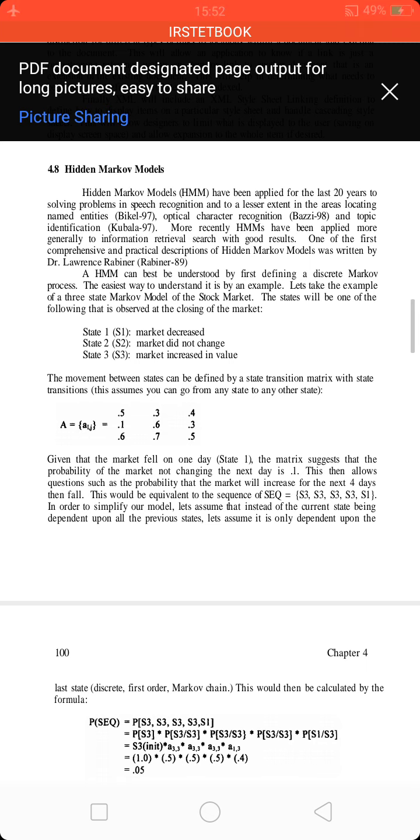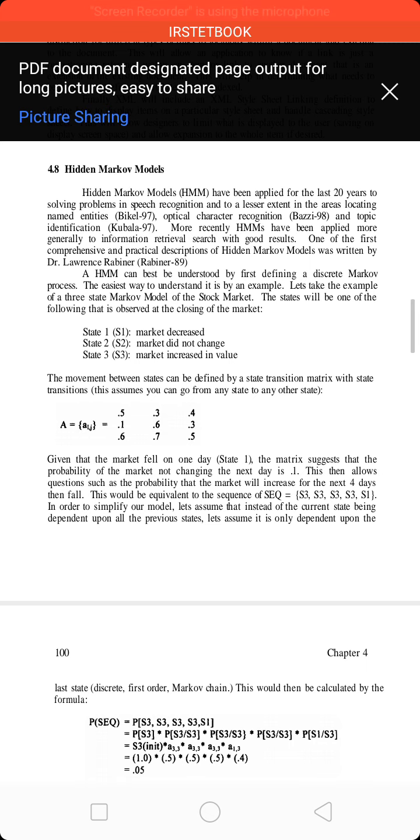The movement between the states can be defined by a state transition matrix A, equal to a of i comma j, that is 0.5, 0.3, 0.4, 0.1, 0.6, 0.3, 0.6, 0.7, 0.5. We are taking it in matrix format.